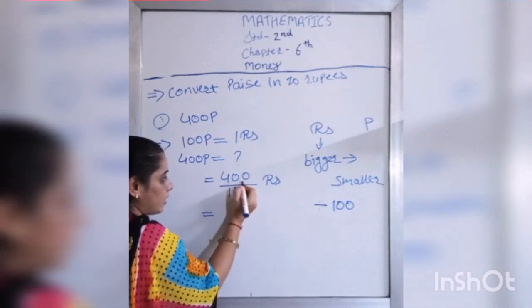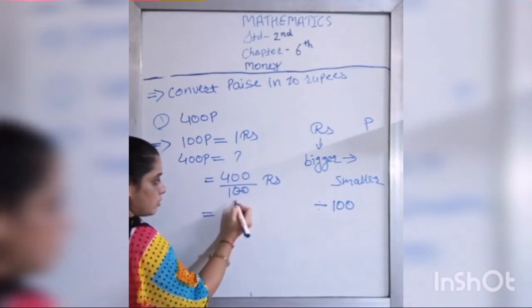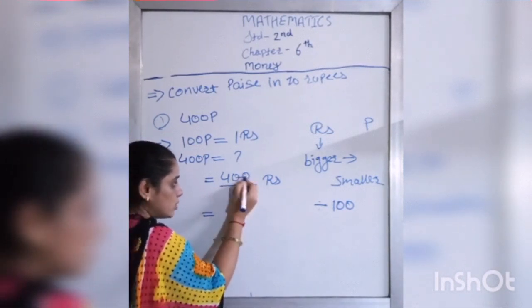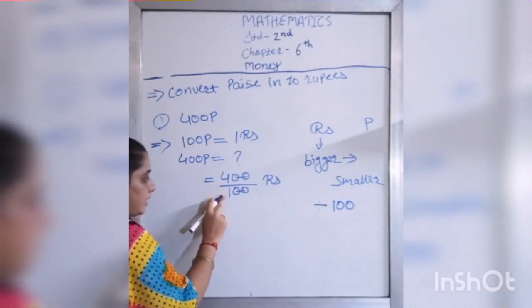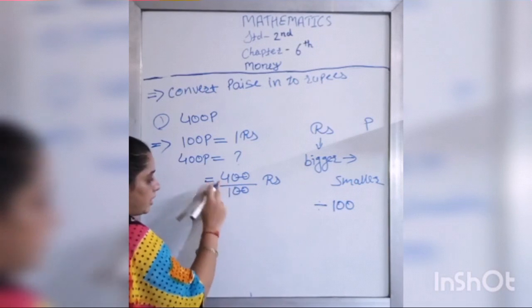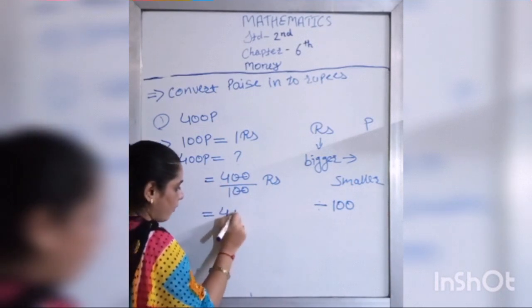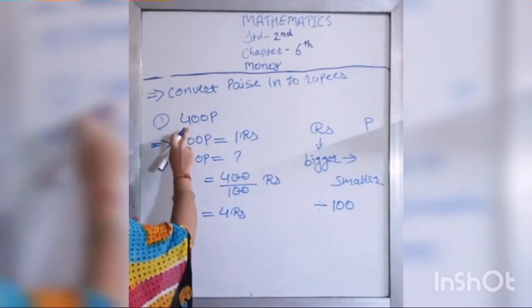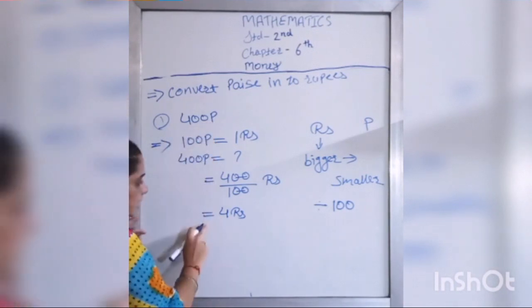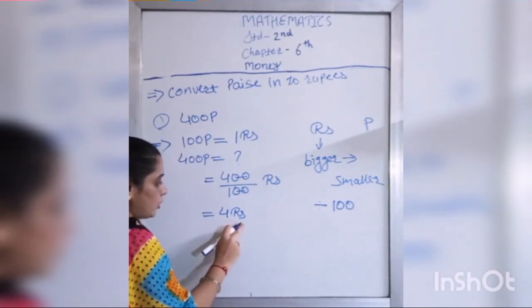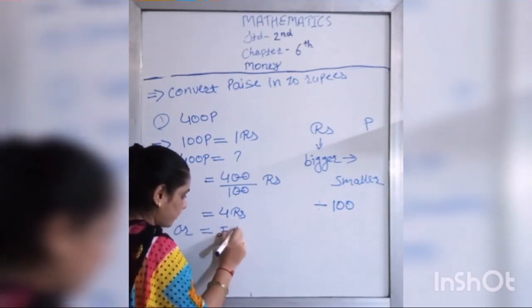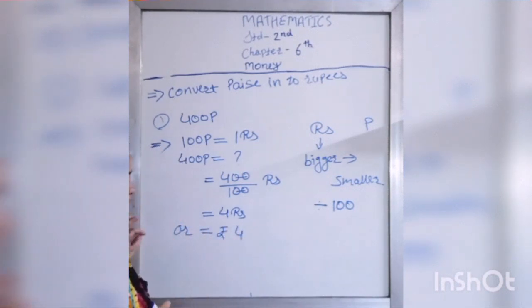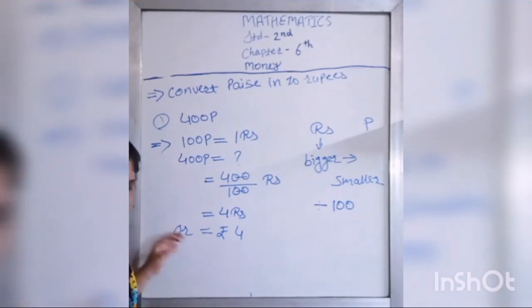In 400, how many zeros are there? 2 zeros. Then these 2 zeros of the 100 and these 2 zeros from the 400 will get cancelled. What is remaining here? Only 4 rupees. So 400 paise is equal to 4 rupees. We can also write this as rupees 4. Understood? We will see one more example.